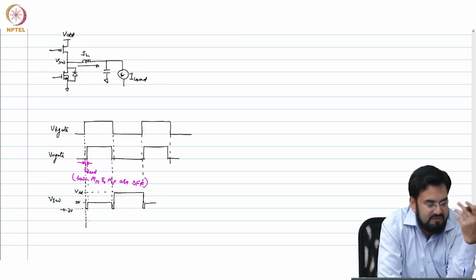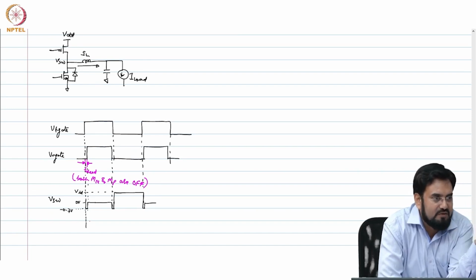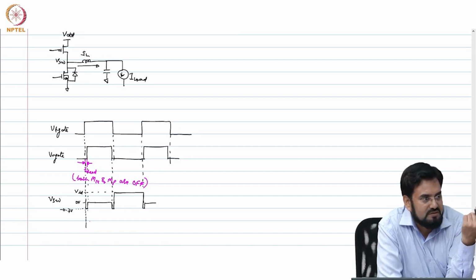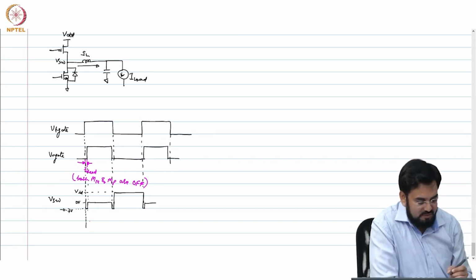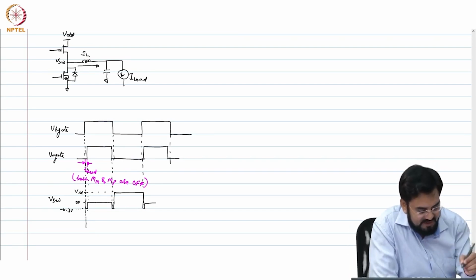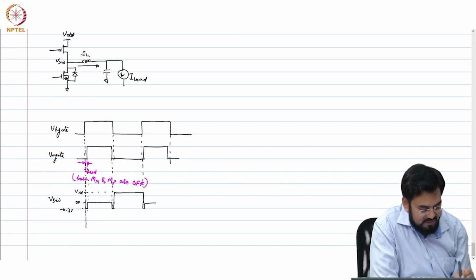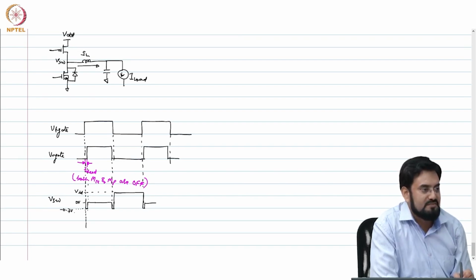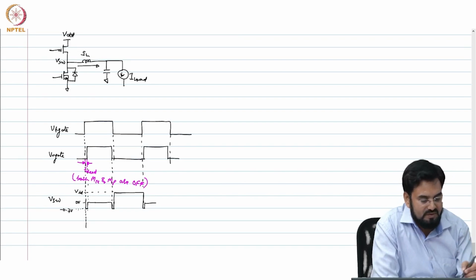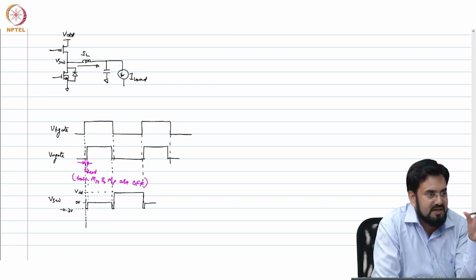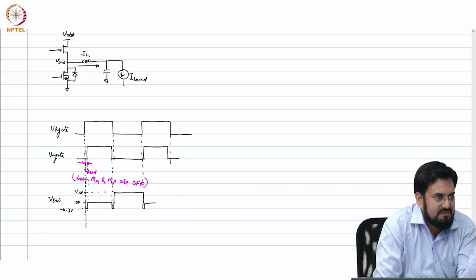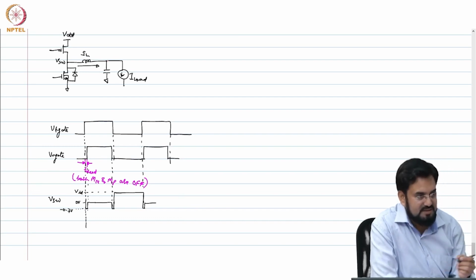Otherwise, the slope will follow the same V in minus V out over L, and for negative slope, it will be minus V out over L. Because what is happening here, VSW, you are applying more voltage here. Instead of 0, you are applying minus 0.7 here, and V out remains same. So the inductor will see a larger voltage difference. So the slope will be steeper here.